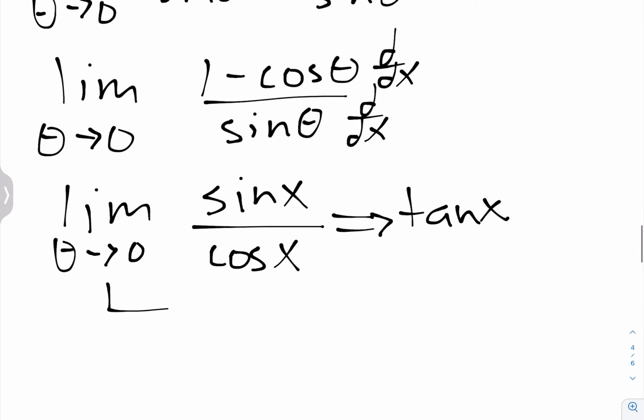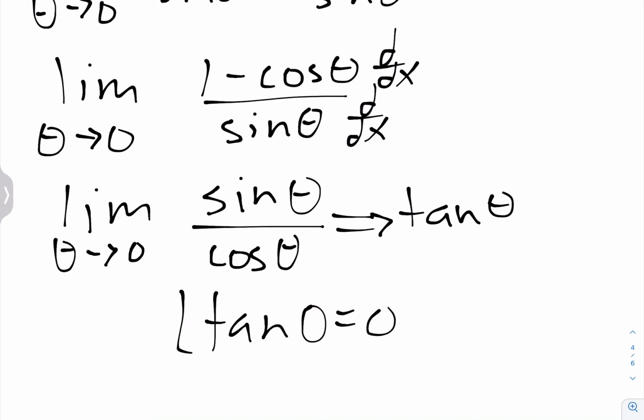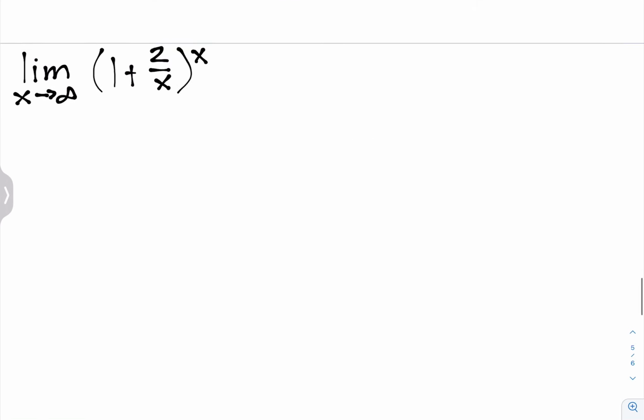And it's not x, sorry, it's theta. So sine theta over cos theta is tan theta. If we were to plug in 0 for theta now, we would just get the tan of 0, and the tan of 0 is just 0, right? So 0 is going to be our answer.